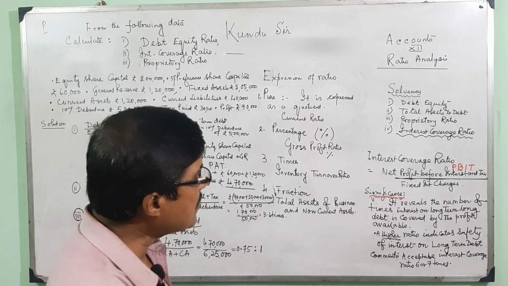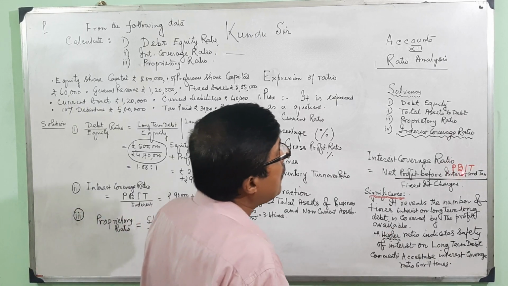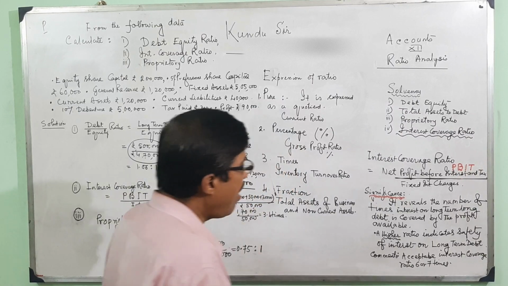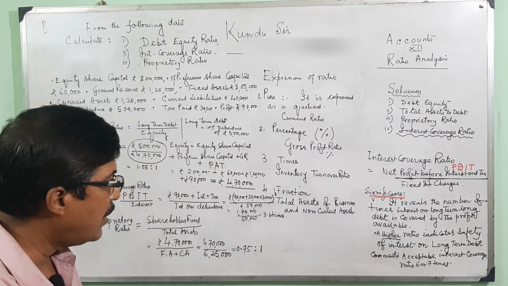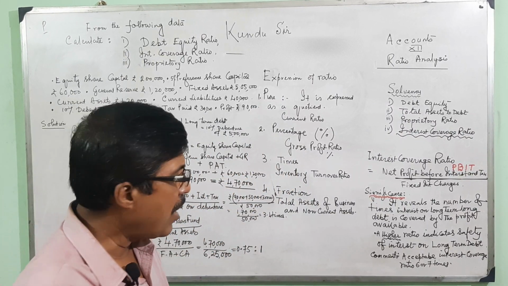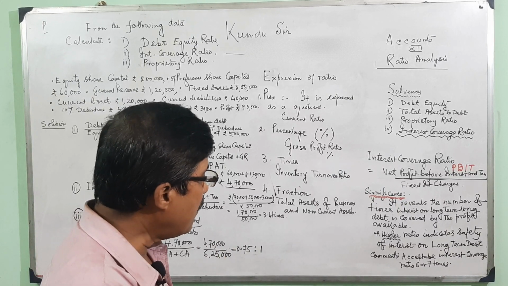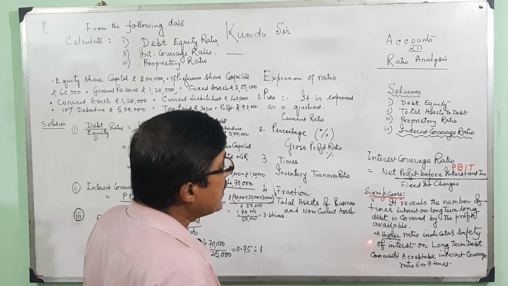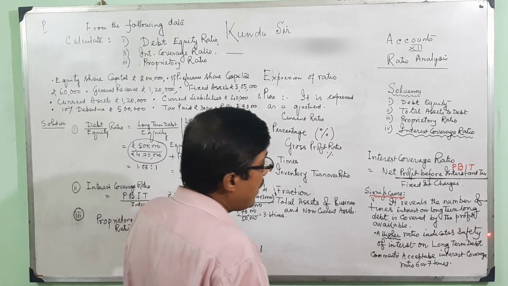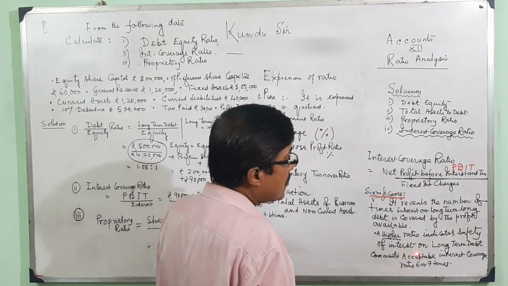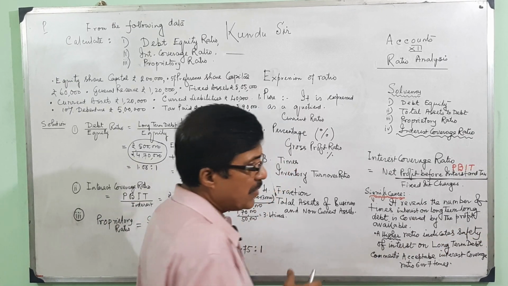Profit available means profit before interest and tax. How many times can it cover the interest portion? How much coverage is it giving? A higher ratio indicates the safety of interest on long term debt.